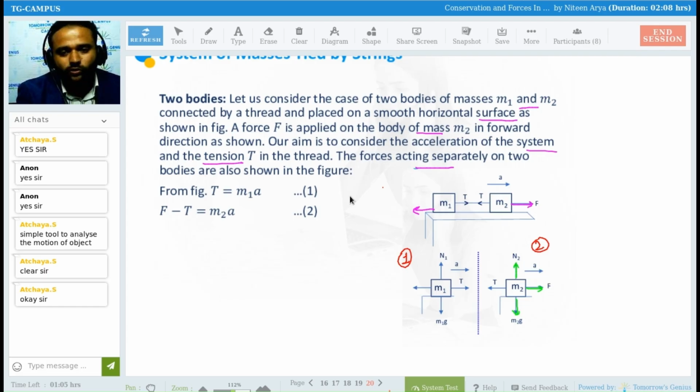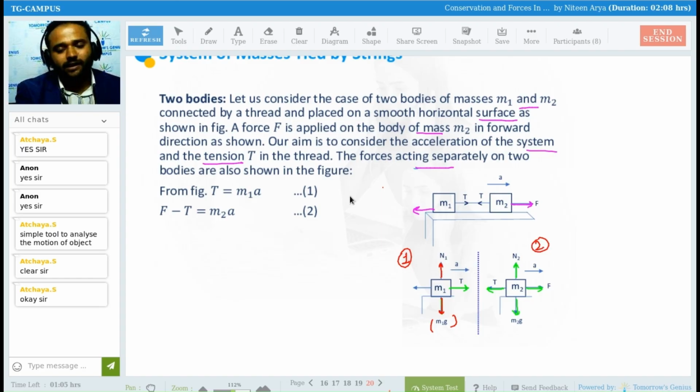And the tension force due to this thread is applied in this direction. On m1, the tension force is applied in this side, and there is no force on the other side, but due to gravity, there is an m1g force, and there is a normal force n1.